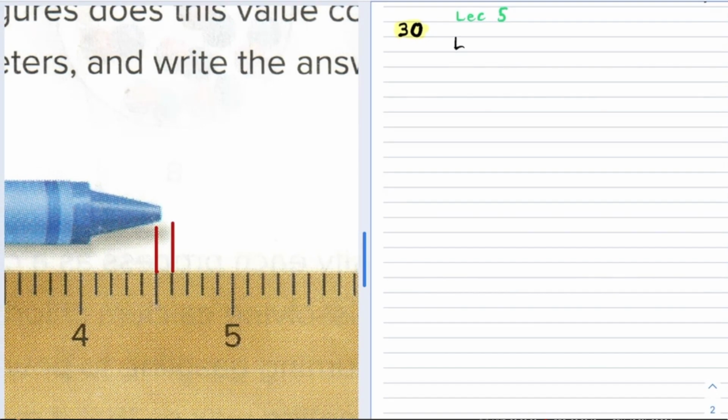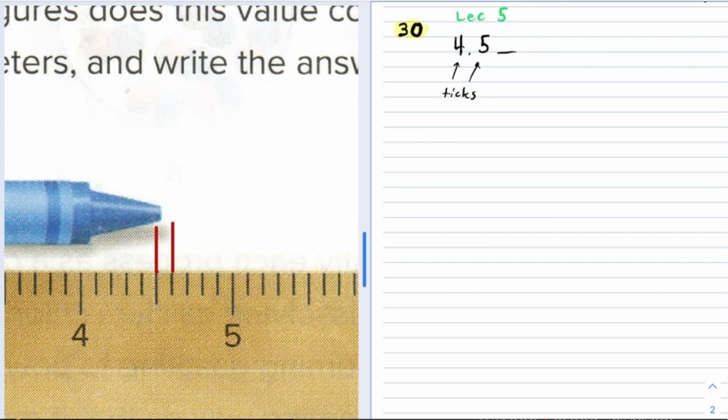And anytime you take a measurement, we all agree it's a 4.5 something. The tick marks tell us that it's 4.5 something, and if anybody looks at this carefully enough, they're going to agree that it's 4.5 something.